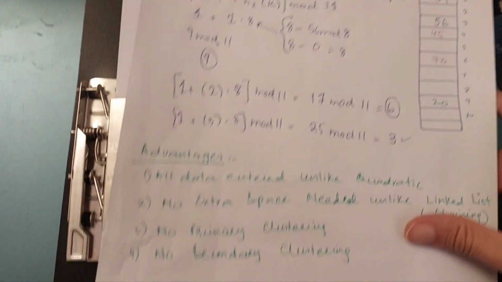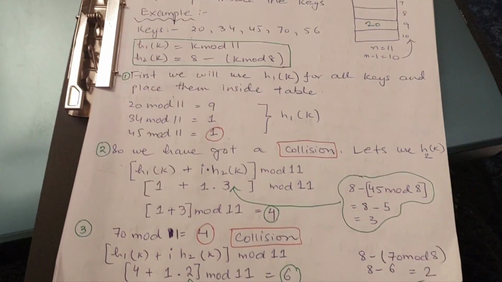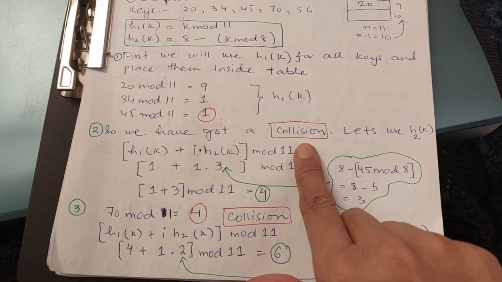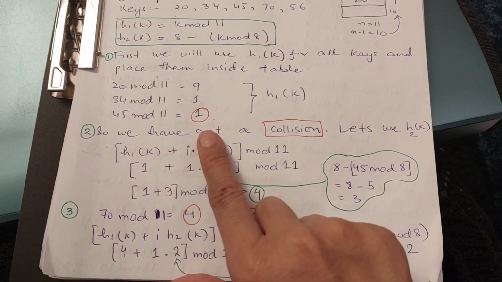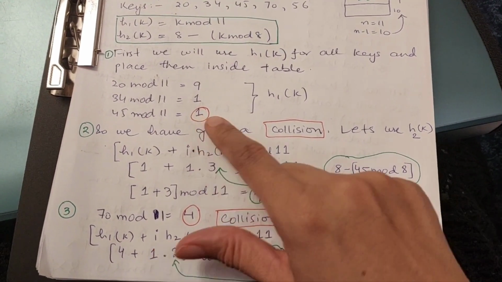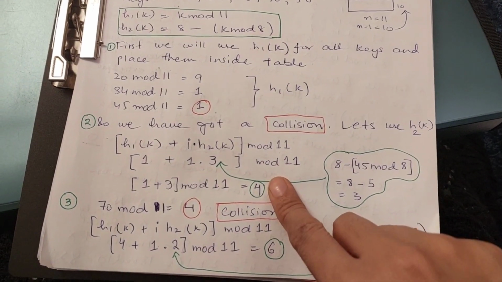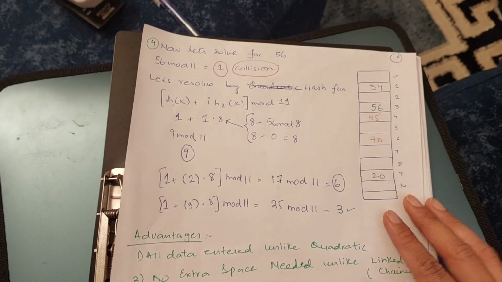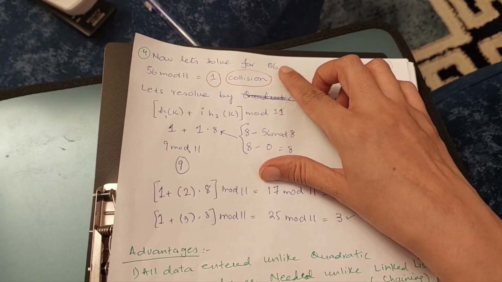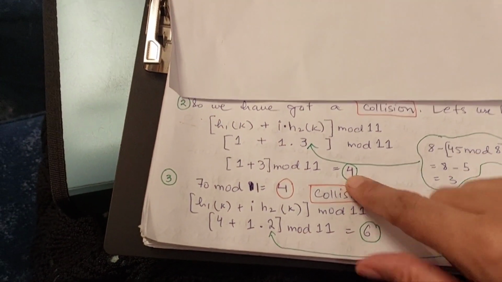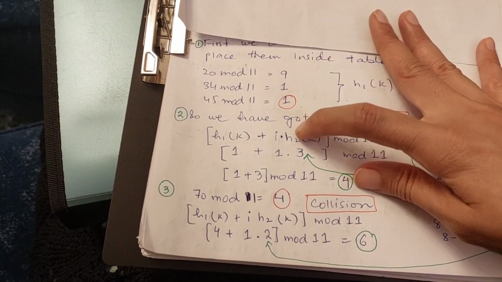For example, we wanted to resolve the collision for data entry 45. When we resolved the collision from position 1, it jumped onto position 4. And when we tried to resolve the collision for data entry 56 from location 1, it did not jump onto location 4 like the previous number 45.